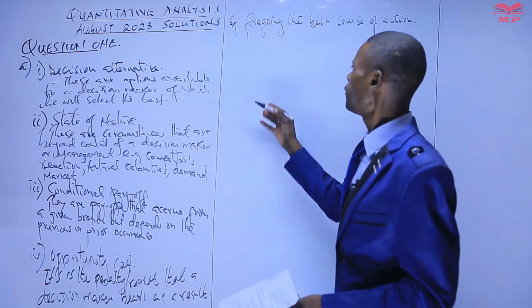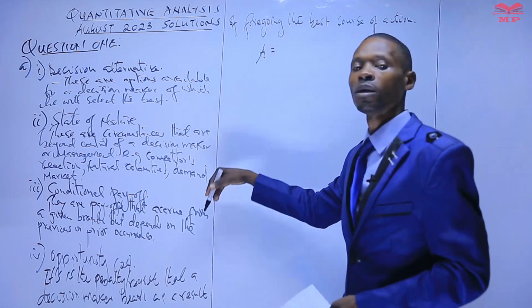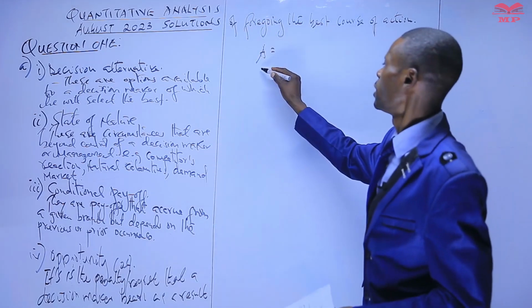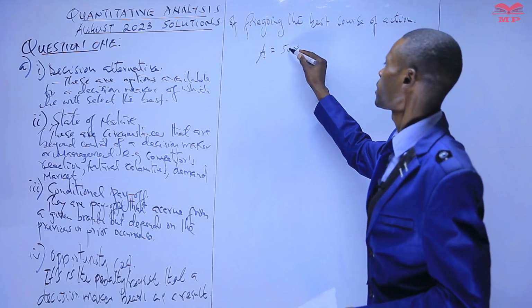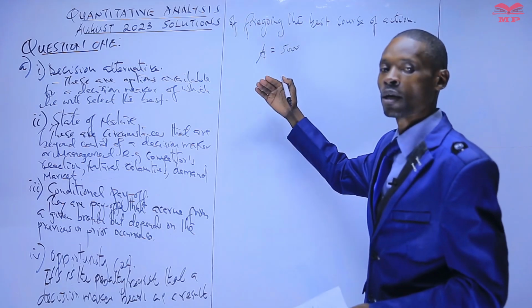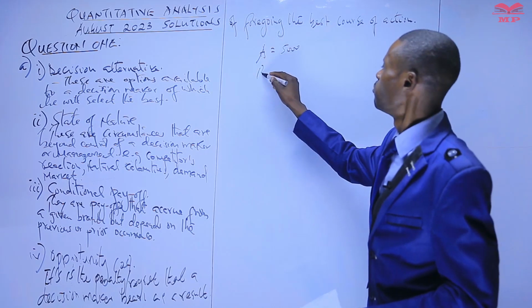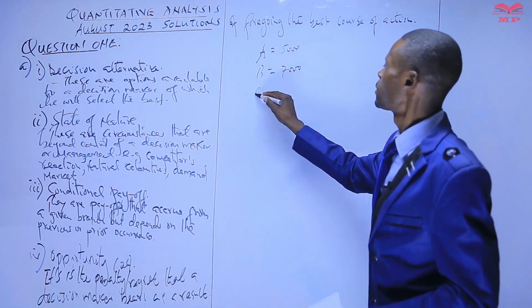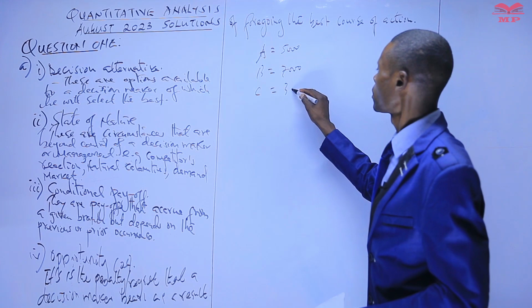For example, if branch A gives us maybe 5,000 as the payoff, then B gives us 7,000. C maybe 3,000.